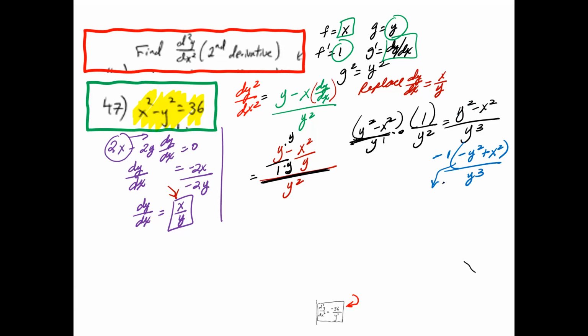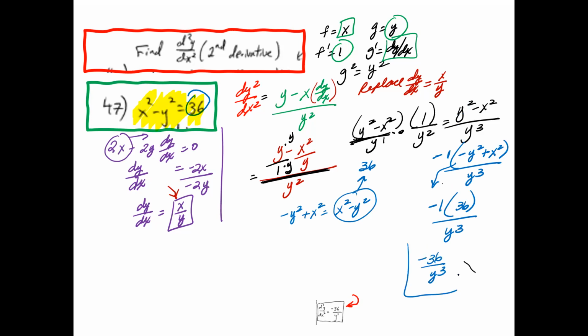This is just a commutative property. So you know that negative y squared plus x squared is the same thing as x squared minus y squared, right? And you know that x squared minus y squared is equal to 36 from right there. So you have a negative 1 times 36 over y cubed, which is just a negative 36 over y cubed. And that is your answer.